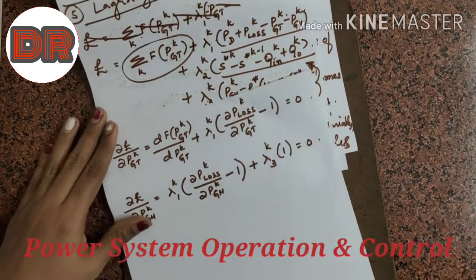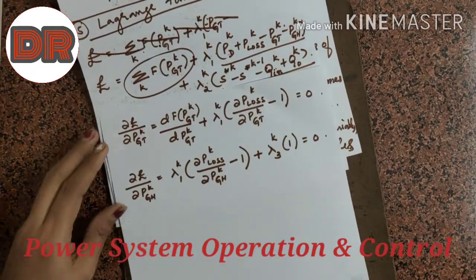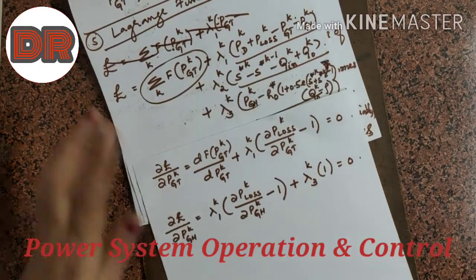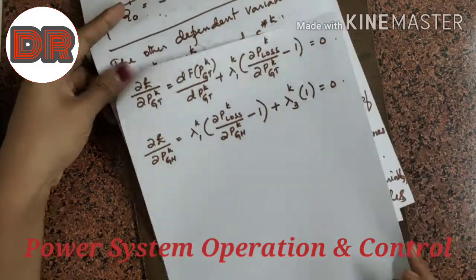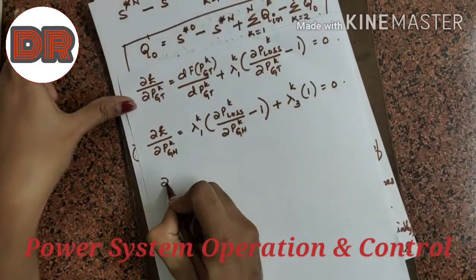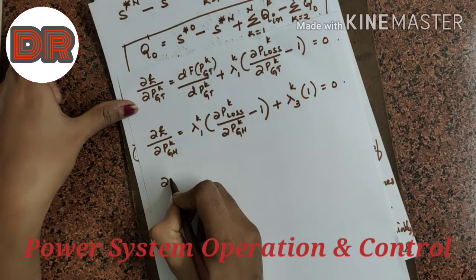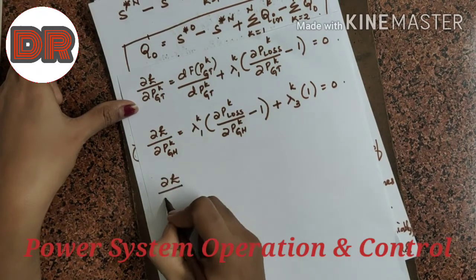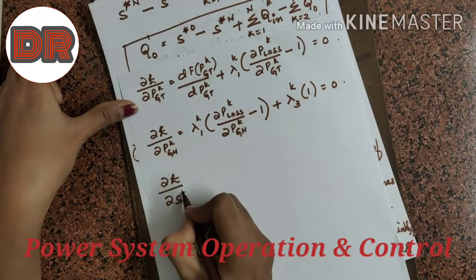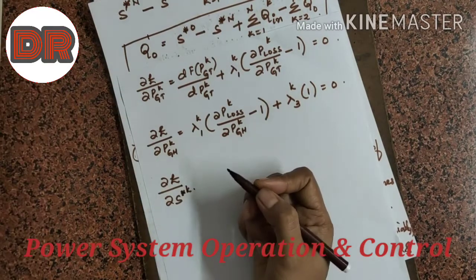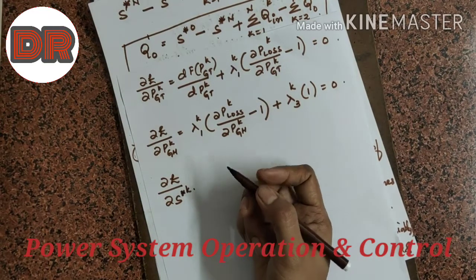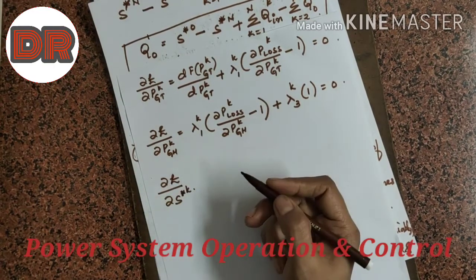Done. Next one is the partial derivative of this with respect to the dependent variable S star K. See, we have S is not equal to 0, S is not equal to n.